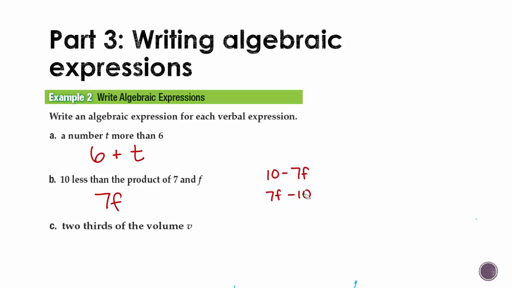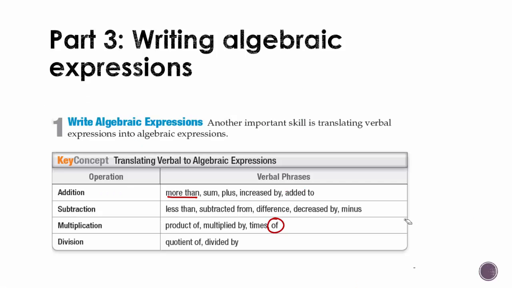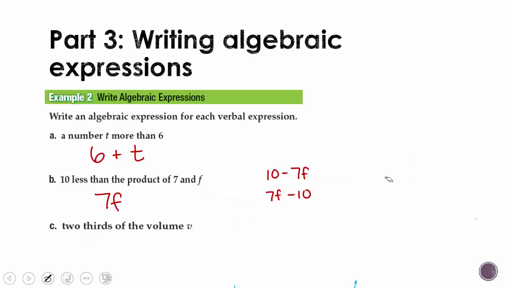So we got to think about it. We got to figure out which one we want. So if I tell you that I have $100 and you have 10 less than me, you're going to do 100 and you're going to take away 10, right? You're not going to have 10 and take away 100. That doesn't make any sense. So we want the one that has 7F and then we take away 10 from it.